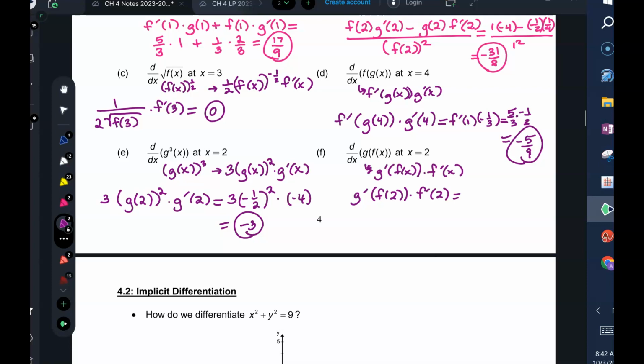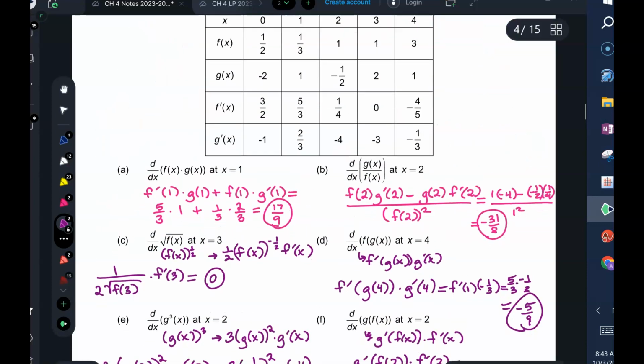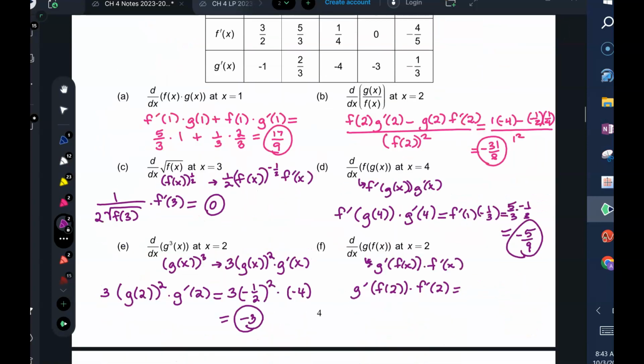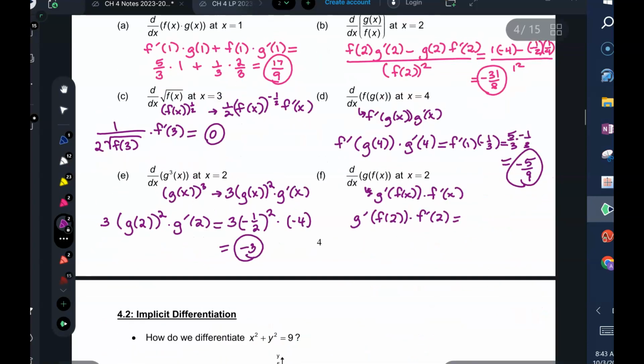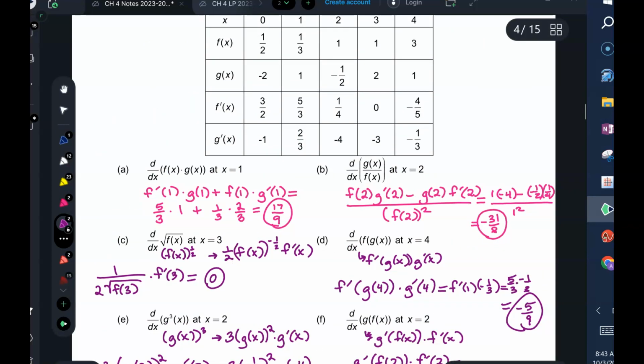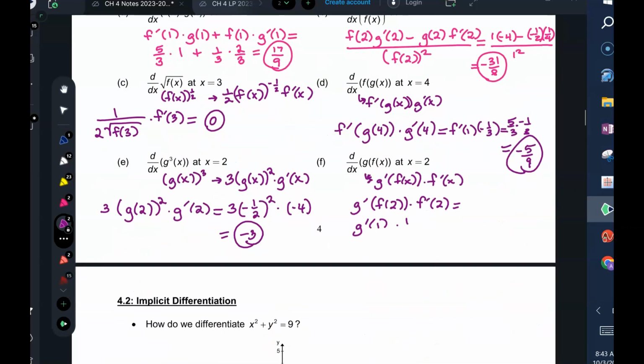Just like on part D, you have to figure out what f of 2 is first. And so f of 2 is 1. What's f prime of 1/4? So 2/3.